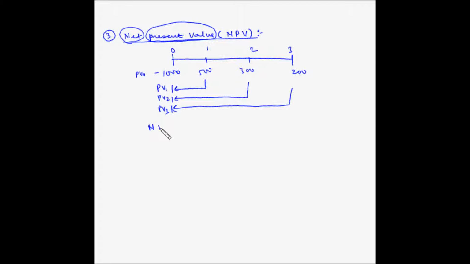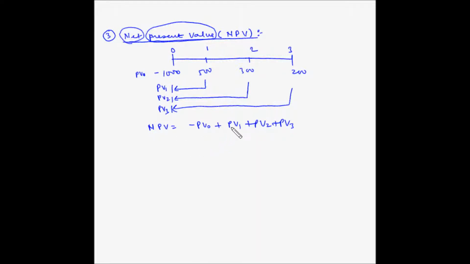So basically, NPV will be equal to minus PV0. I mean, if you consider PV0 as 1000, then minus PV0 will make it minus 1000, plus PV1 plus PV2 plus PV3.